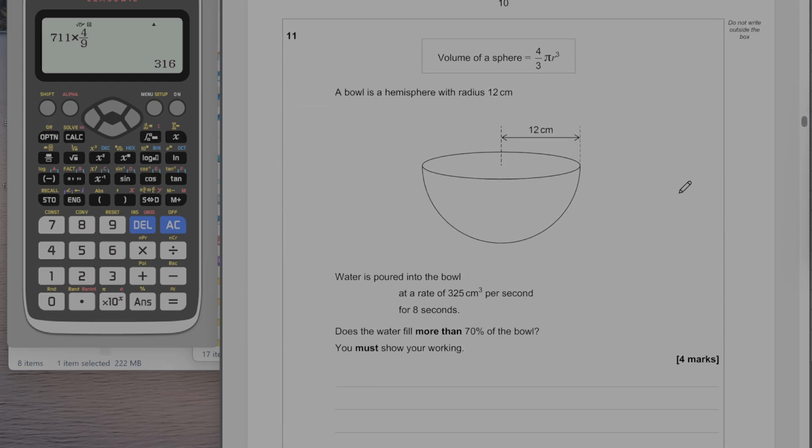Okay, question 11. Volume of a sphere. A bowl is a hemisphere of radius 12. Water is poured into the bowl at a rate of 325 centimeters cubed per second for 8 seconds. Does the water fill more than 70% of the bowl? You must show your working.